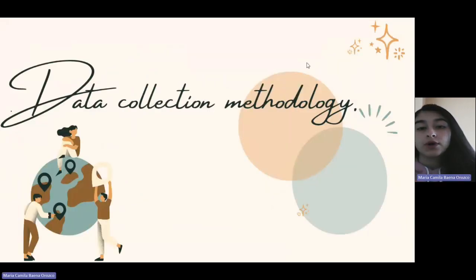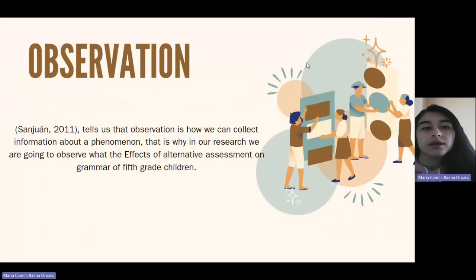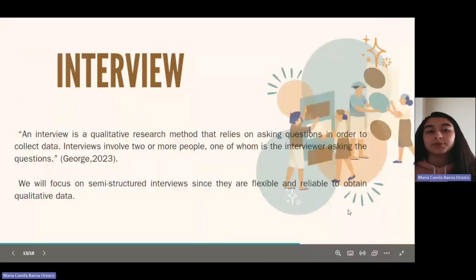Data collection methodology. The first one is observation. According to San Juan, observation is how we can collect information about a phenomenon. In our research, we are going to observe the effects of alternative assessment on grammar in 5th grade students. Interview.